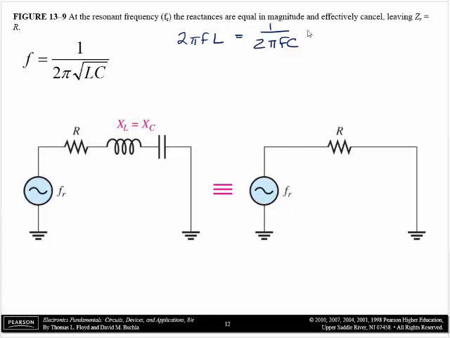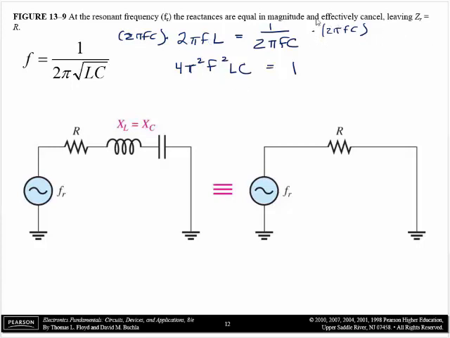If I multiply both sides by 2 pi FC, then I'll get 4 pi squared F squared LC equals 1. Everybody see that? I multiplied the left side by 2 pi FC and the right side by 2 pi FC. Multiply these two together, I get this.